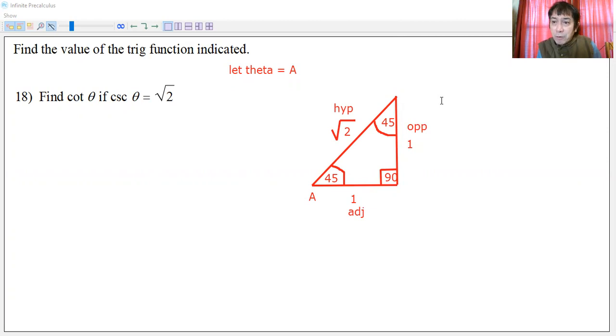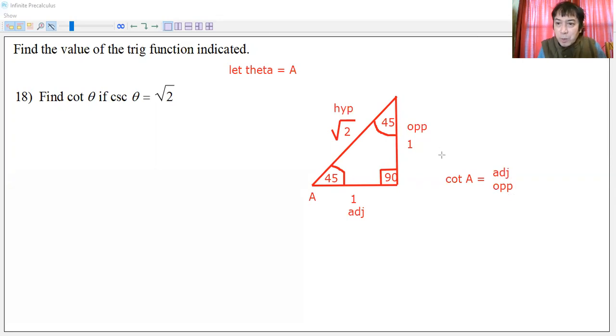Now, the definition of cosecant is hypotenuse over opposite side. So exactly, square root of 2 over 1 is square root of 2. Now, we're after cotangent of angle theta, or angle A. Cotangent of angle A must be the adjacent side divided by the opposite side.